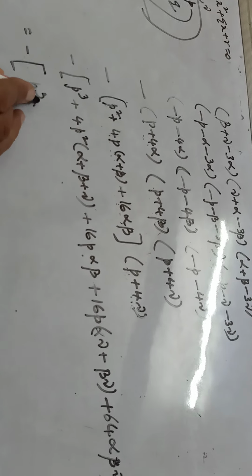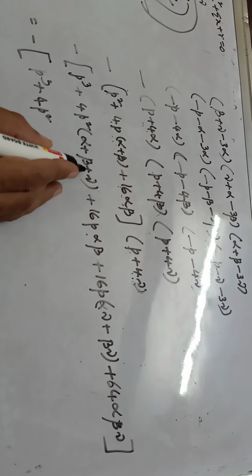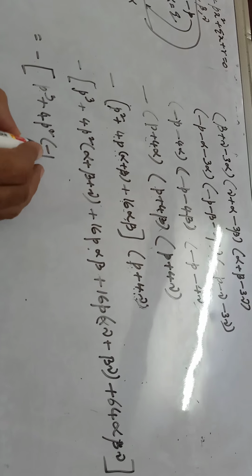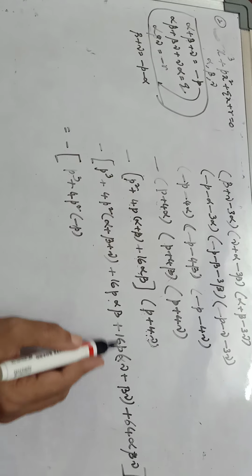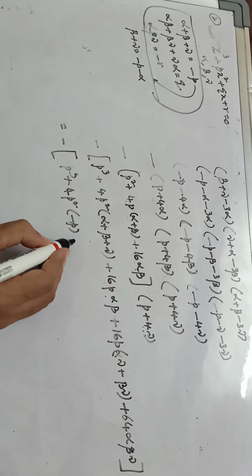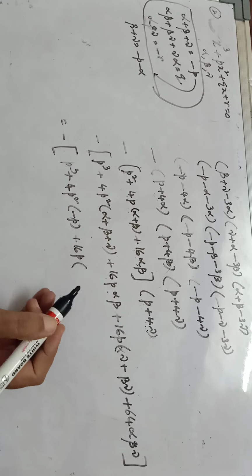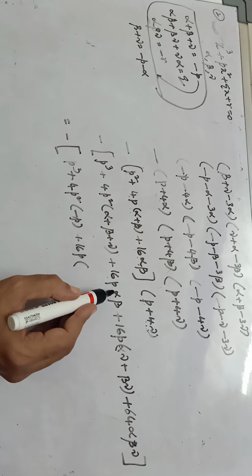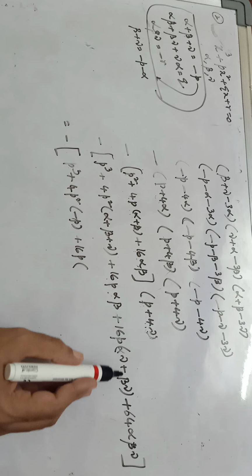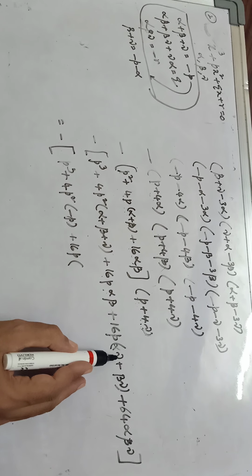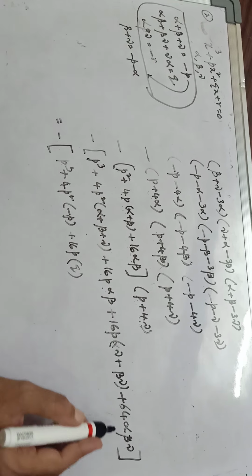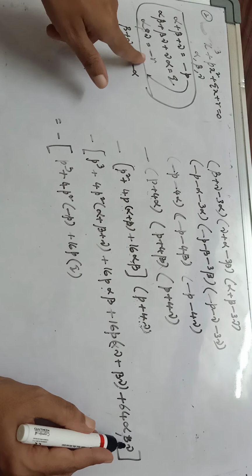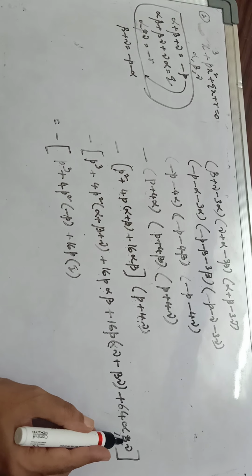So p cube plus 4p square, this value is available with us, it is minus p. Here from these two terms we can take out 16p common, plus 16p into, what will remain within brackets? Alpha beta plus beta gamma plus alpha gamma, that is nothing but S2, q. This alpha beta gamma is available with us, minus r, so minus 64r.